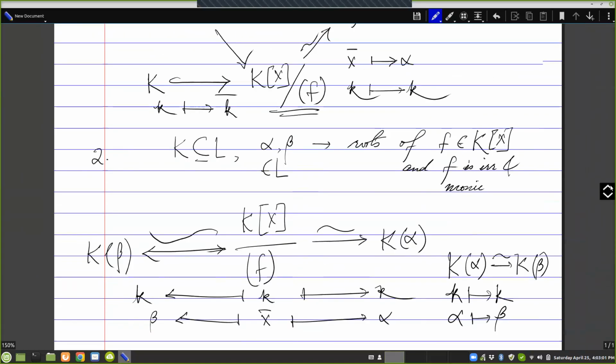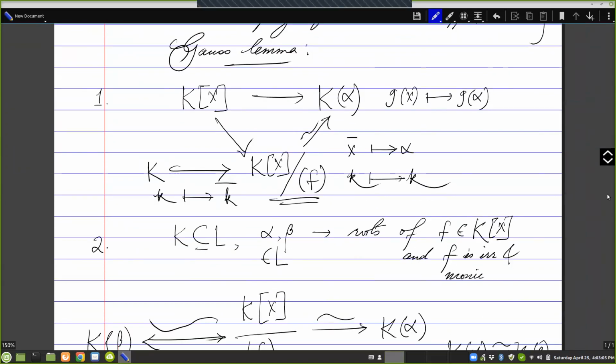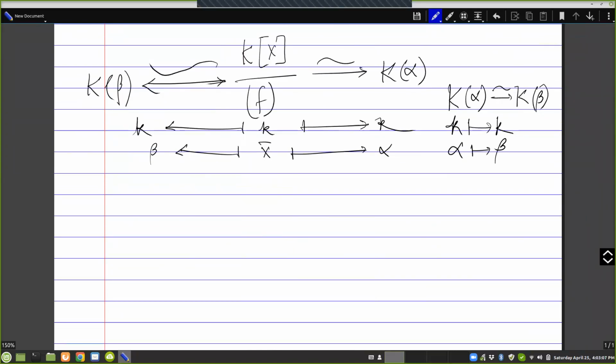And now let's get into one of our main theorems that we need today. As I said, today all the fields that we will see are subfields of C. So I assume that L over K is finite, and let the degree be some natural number n.